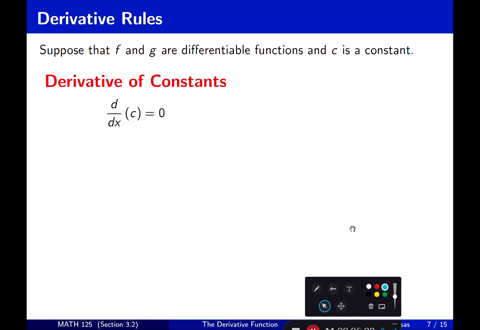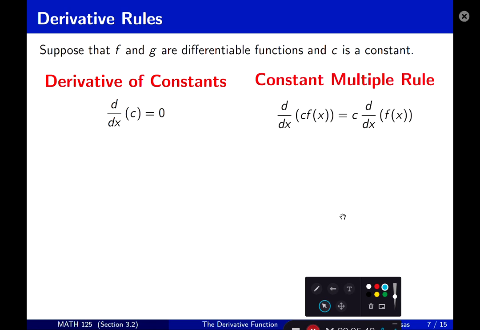Next, let's introduce the constant multiple rule. If you're taking the derivative with respect to x of c f of x, where c is a constant multiple, then it's going to be c times the derivative of f with respect to x.